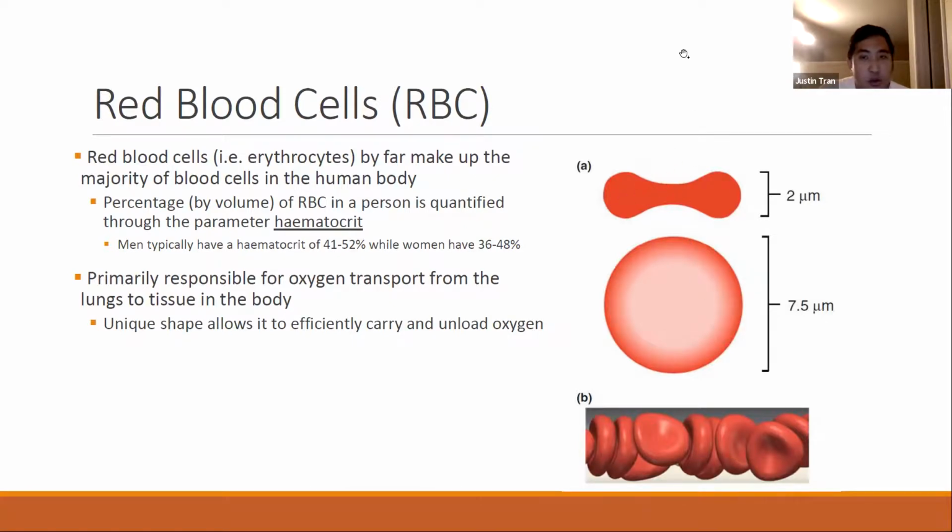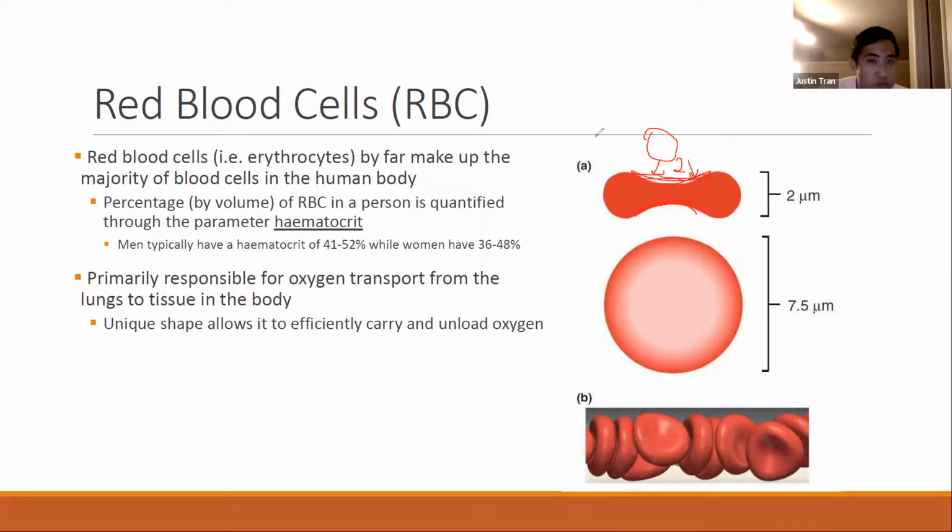The reason they have this oblong shape is to transport oxygen efficiently. This dimple you see in the red blood cell helps it absorb oxygen, because an oxygen molecule can sit right into this dimple and then get absorbed into the blood cell.